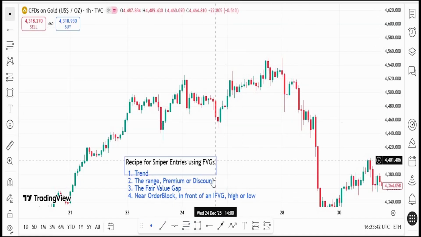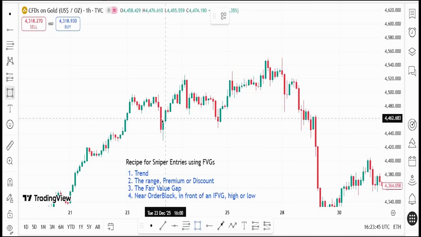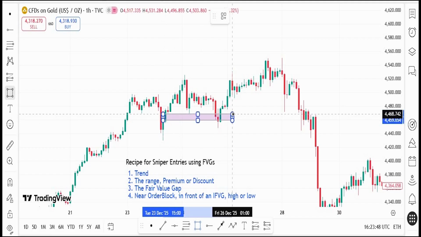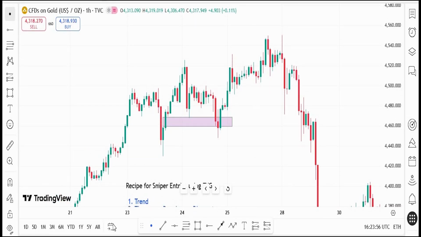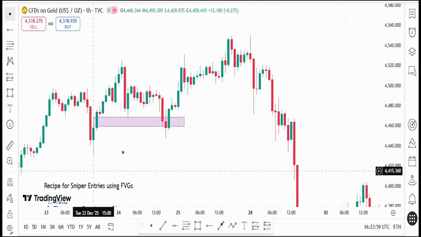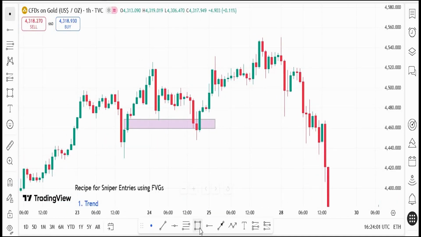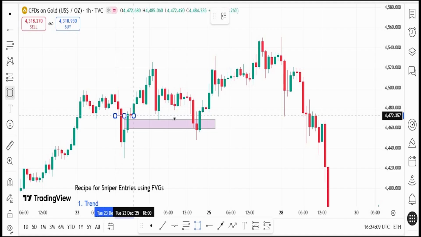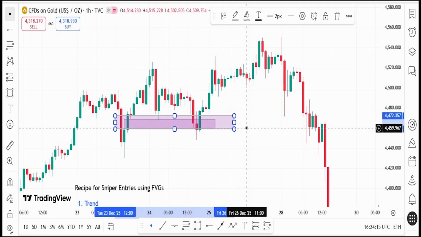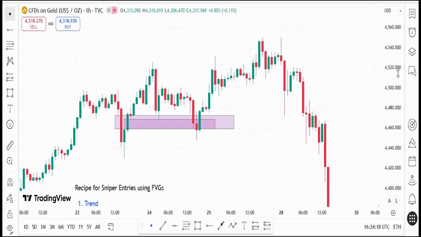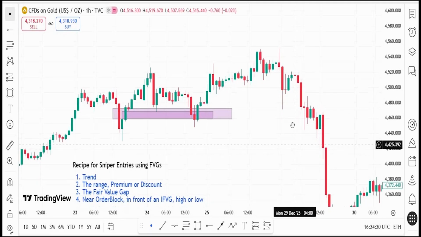I just pulled out the Fibonacci tool. It is this rectangle. If we notice, the market closed in the range, in the gap. Here we are having an IFVG just behind the fair value gap, which could have given us a sniper entry if we had traded it.